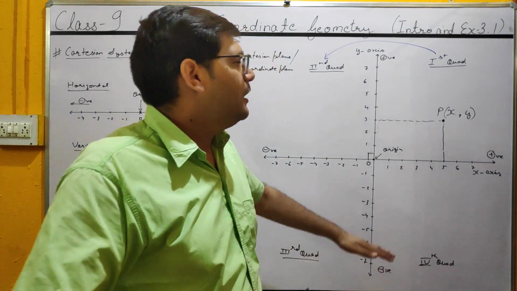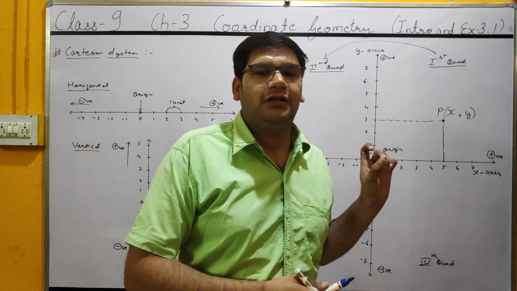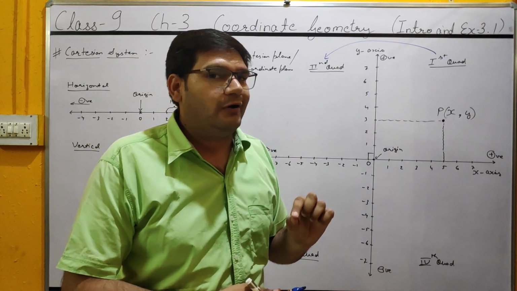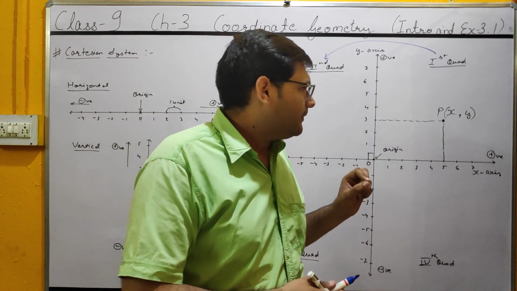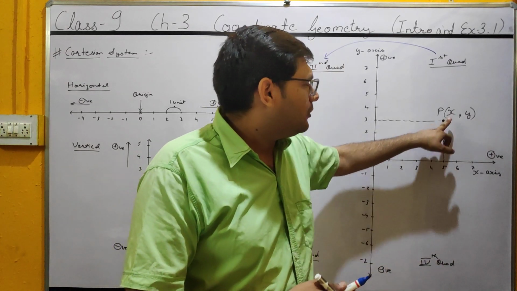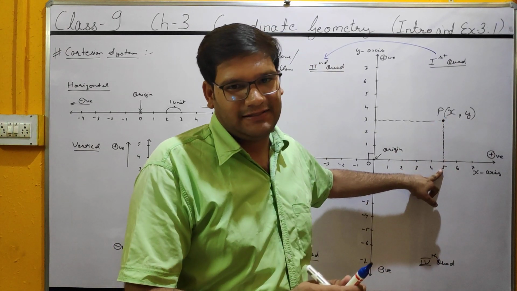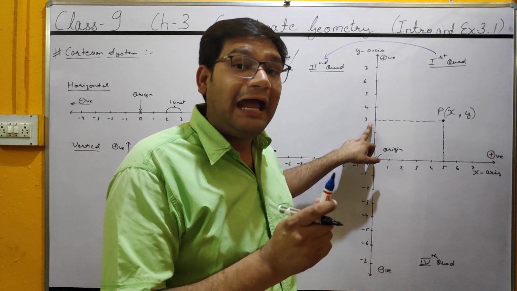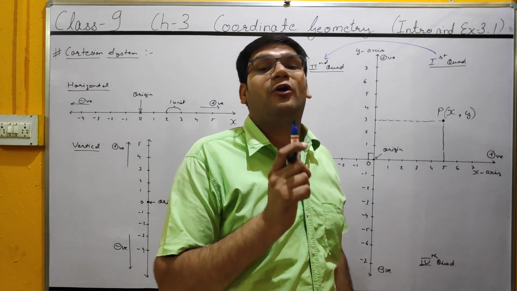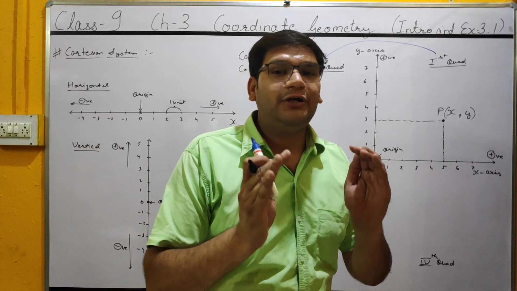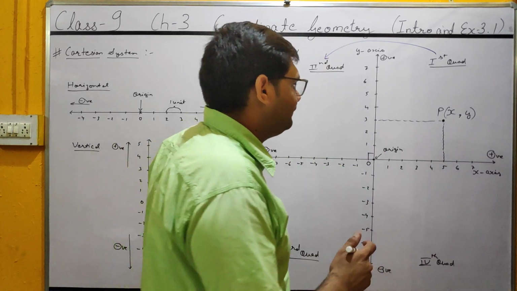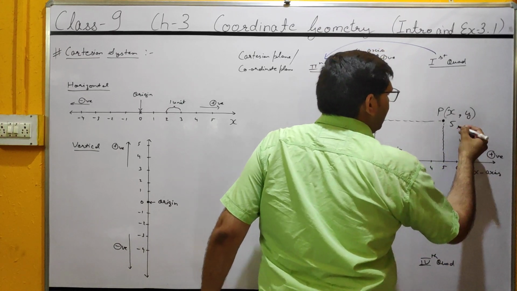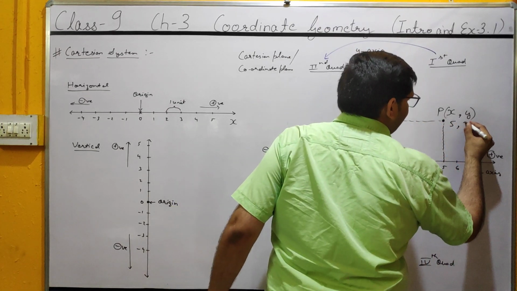Again, I am repeating, what is the exact way of writing the coordinates of any point? Suppose here we are finding out the coordinates of point P. First of all, write the coordinate of x-axis, then write the coordinate of y-axis and separate them by comma, put them into the bracket. Now for x the value is 5, and for y it is 3.